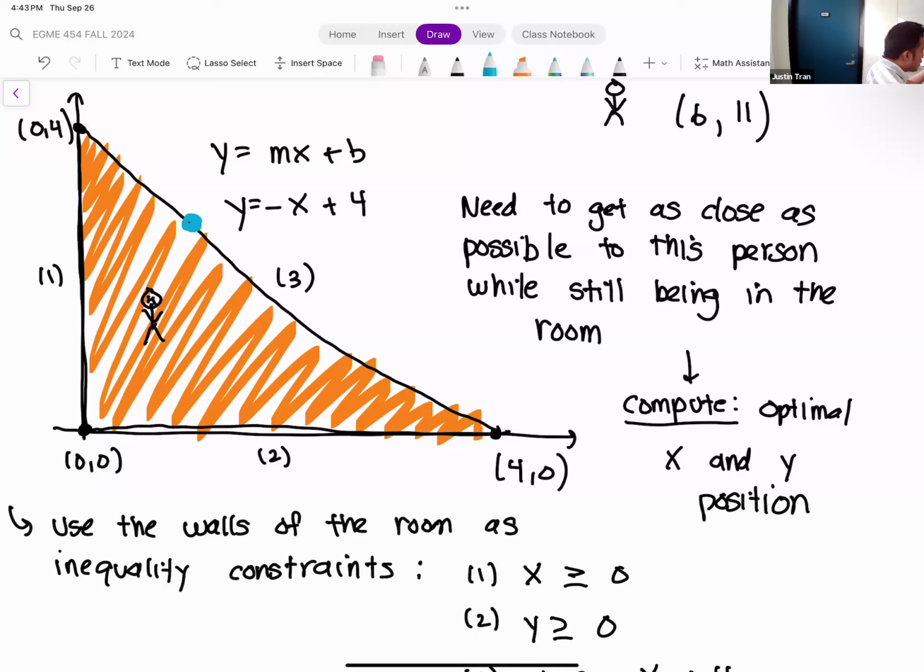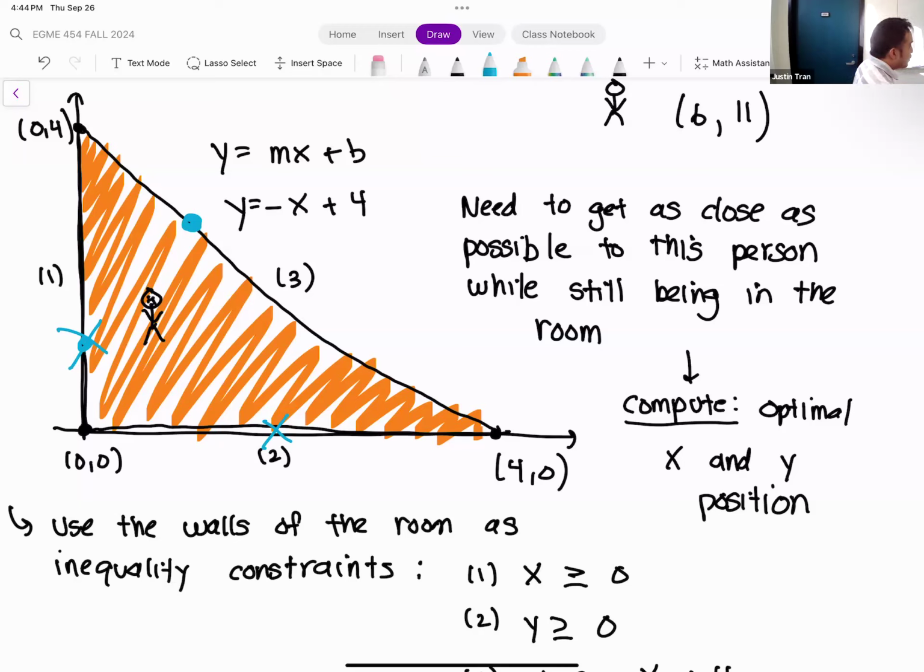You want to get as close as you can to that slanted wall because it doesn't make sense for you to be on the left wall, right? Because the person helping you doesn't have a negative x value, right? It also doesn't make sense for you to be on the bottom wall either, right? Because the person doesn't have a negative y value.